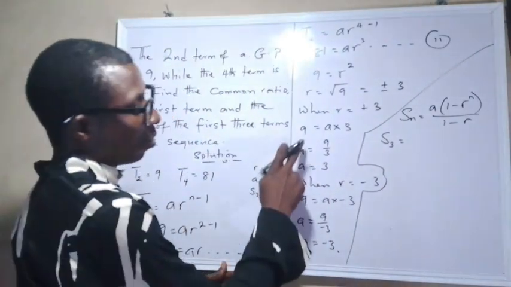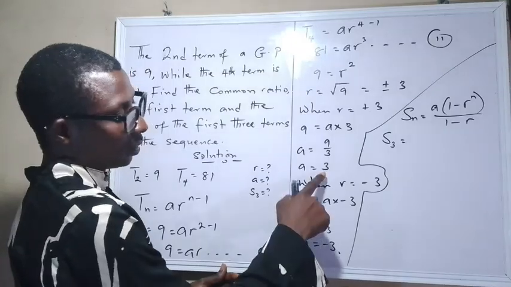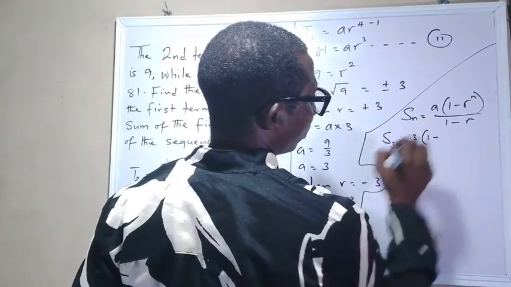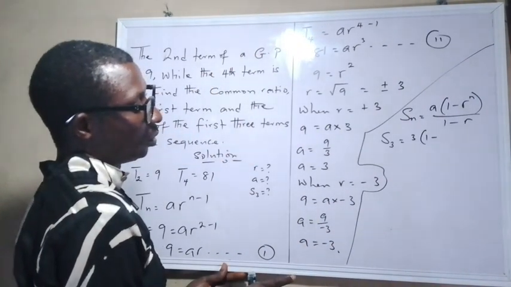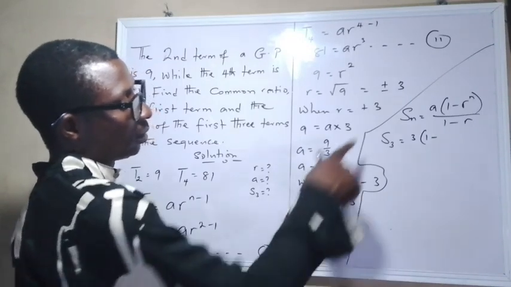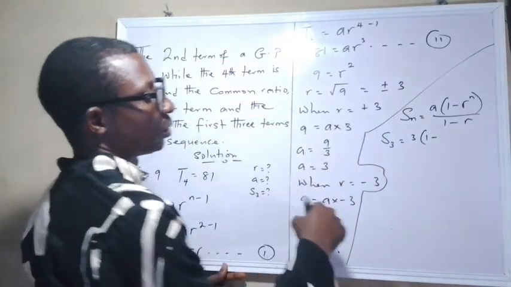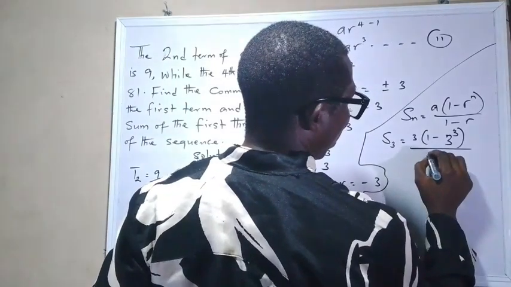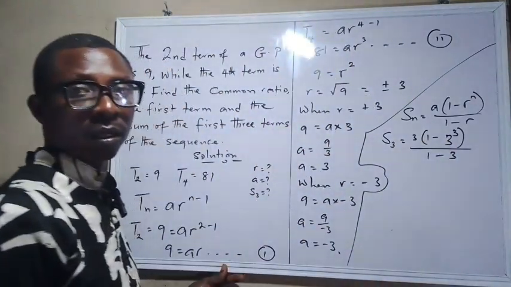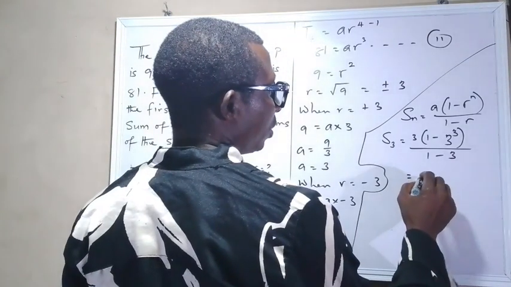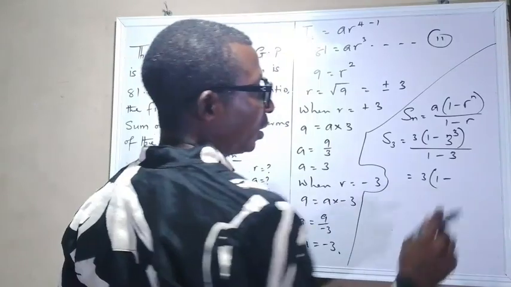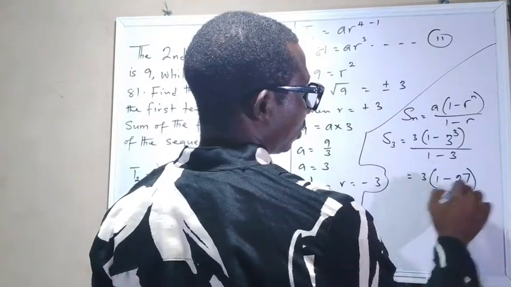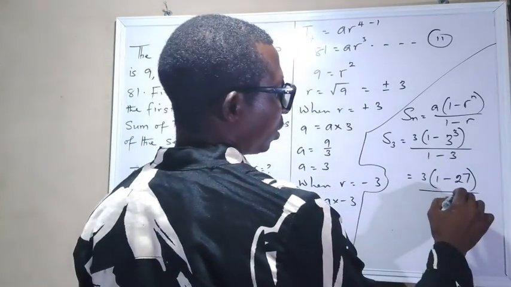So when A is 3, let's look at the positive part. When A is 3, we have 3 open bracket 1 minus, now the common ratio is going to be 3, so we have 3 raised to the power of 3, everything over 1 minus 3. And that gives you 3 open bracket 1 minus 27, that's 9 times 3, over minus 2.